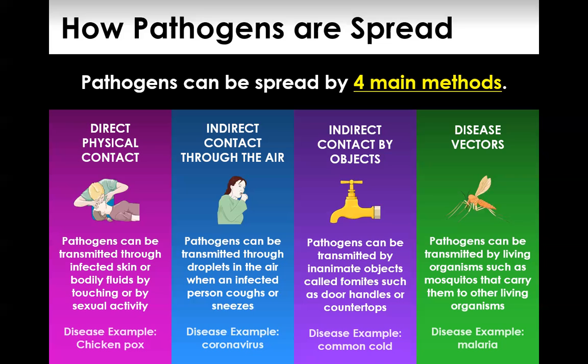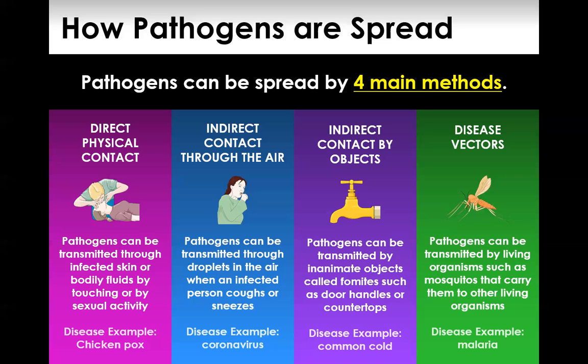So disease vectors is the fourth way, and we can have a mosquito, for example, that is infected with the Zika virus. If that mosquito bites you, then you may become infected. Many years ago, the Zika virus was a real cause for concern, as the Zika virus was inside of these infected mosquitoes, and for pregnant women, these mosquitoes could actually pass on the Zika virus.